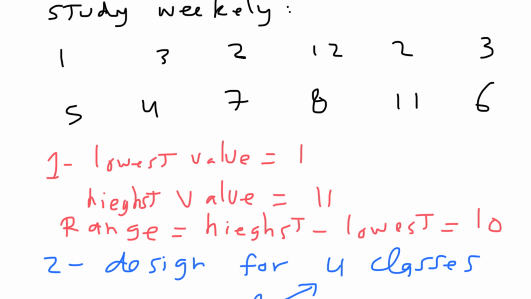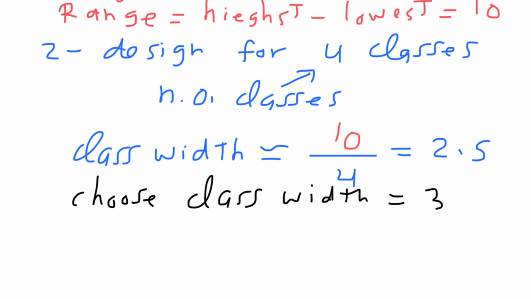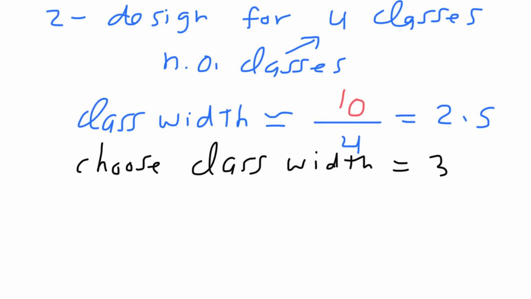So if it is 3, then how will the classes be? The last step is to start designing the frequency distribution table that has all the classes. So now start building the table, starting with the class limits.